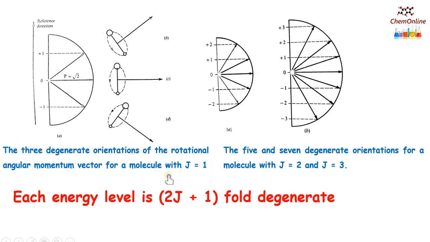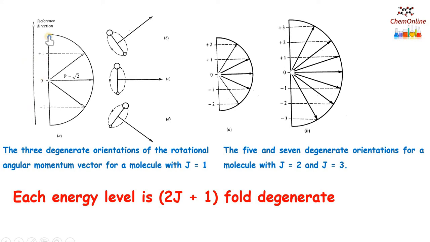For example, if the rotational quantum number j equals 1, the angular momentum vector will have 3 different directions. That is either 0, plus 1 or minus 1. Thus, the angular momentum vector in this case can be oriented in only 3 different directions with reference to the reference direction.